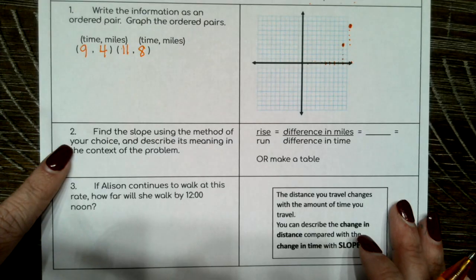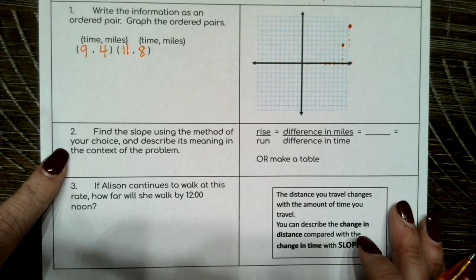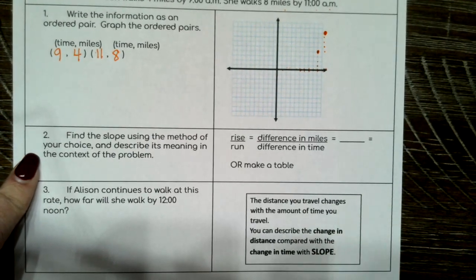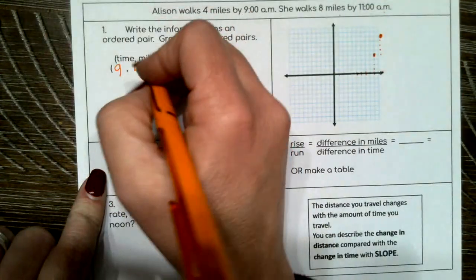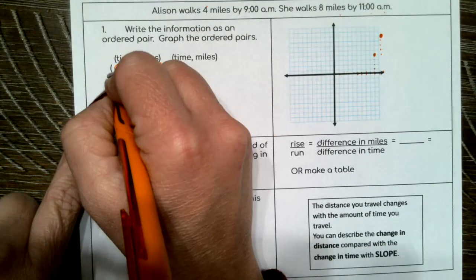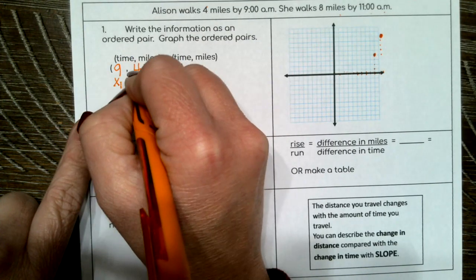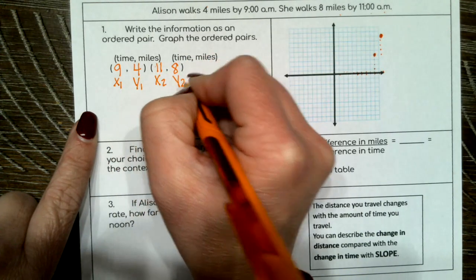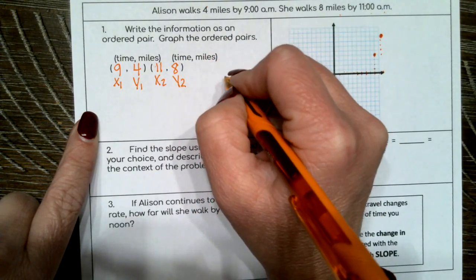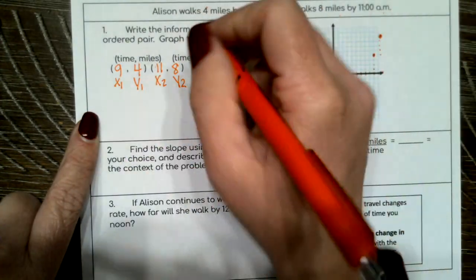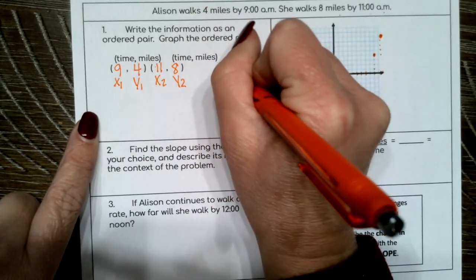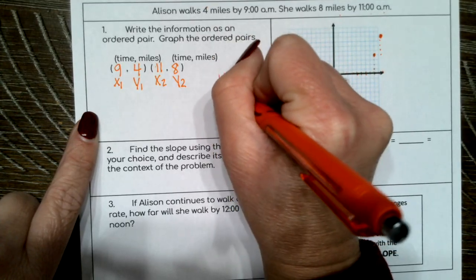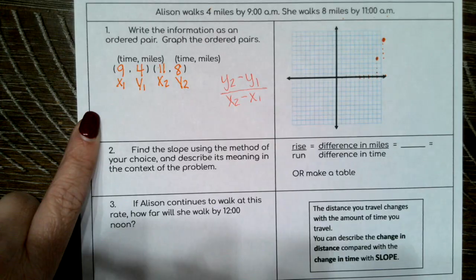Find the slope using the method of your choice and describe its meaning in the context of the problem. So we're going to find the slope using the formula x1, y1, x2, y2. Remember, the formula is y2 minus y1 over x2 minus x1.